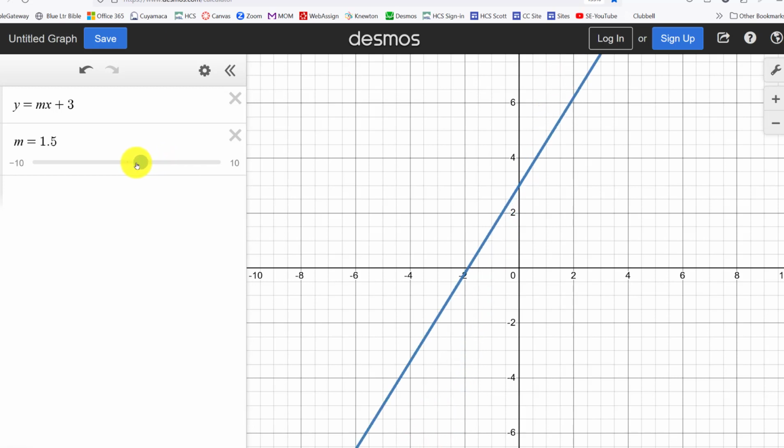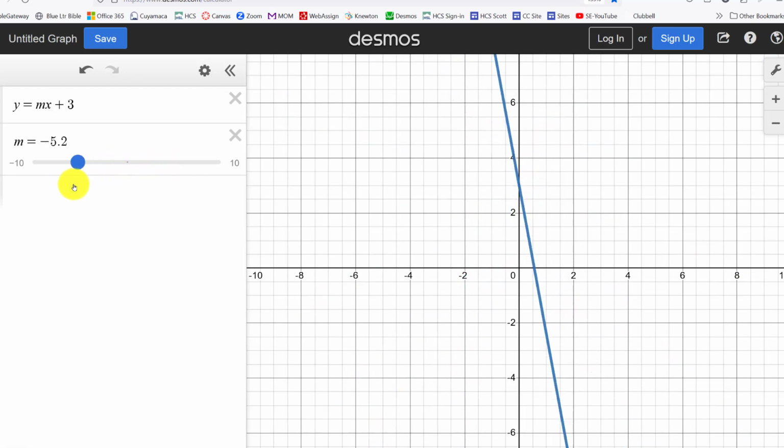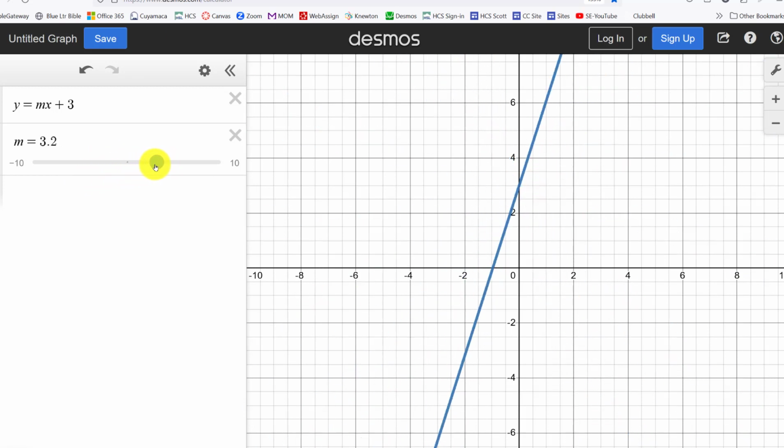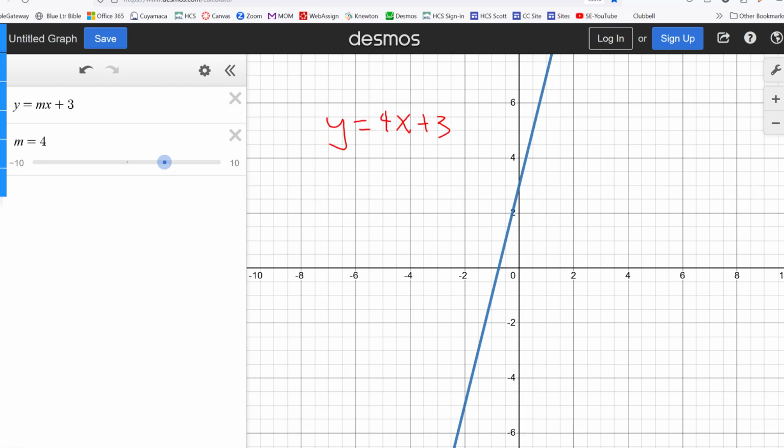As I change the line, I'm changing the steepness. I'm changing the slope. M is changing the slope. And so if M is 4, how does that play out for us in our equation? Well, let's draw and see what happens. Okay, since I made the M number to be 4, my equation is 4x + 3.